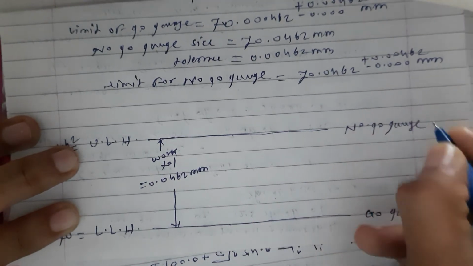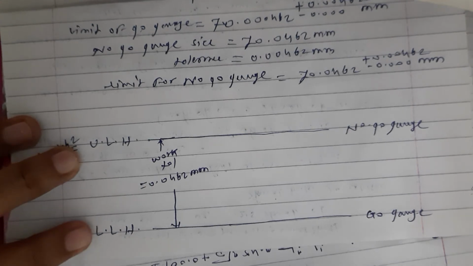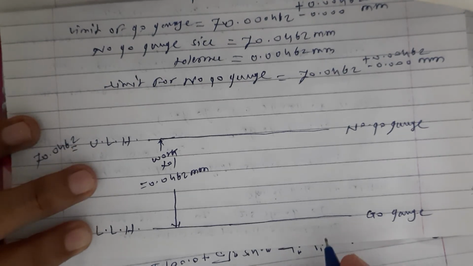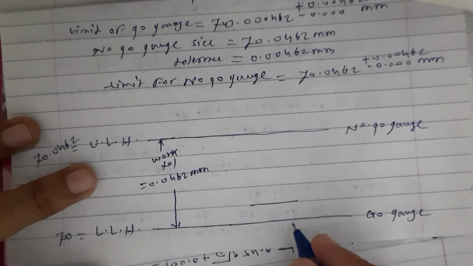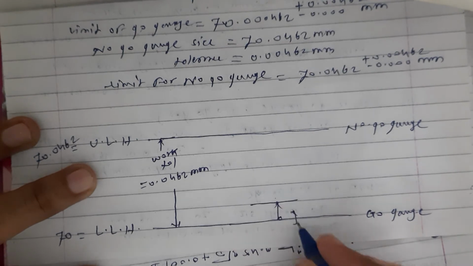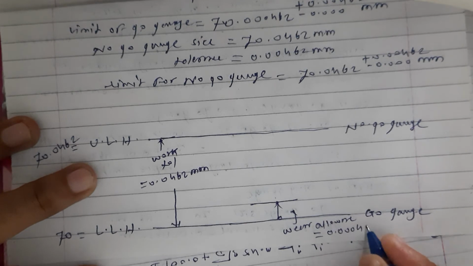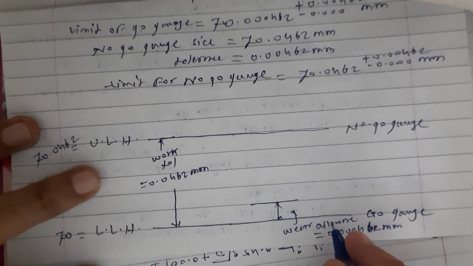Remember that. Then see the value of the wear allowance. We want to check that. We consider the wear allowance for the go gauge, and I will keep it here. The wear allowance is 0.00462 mm.